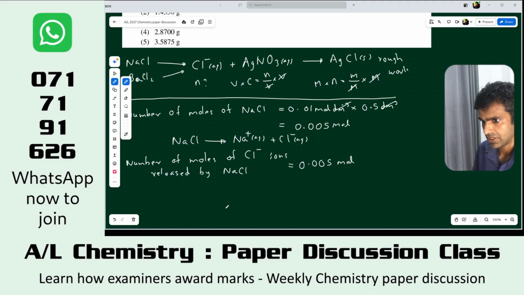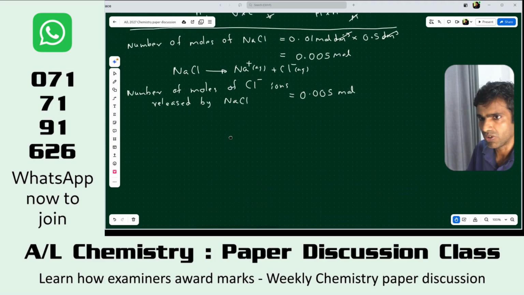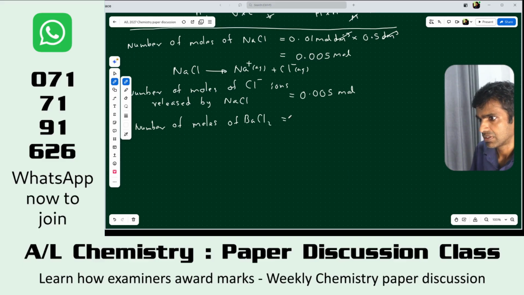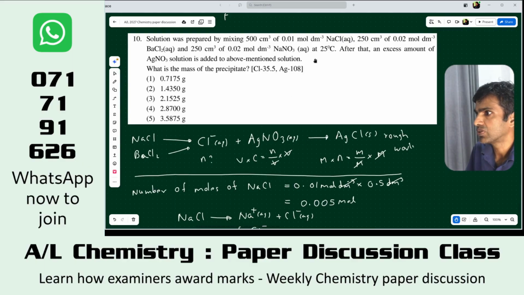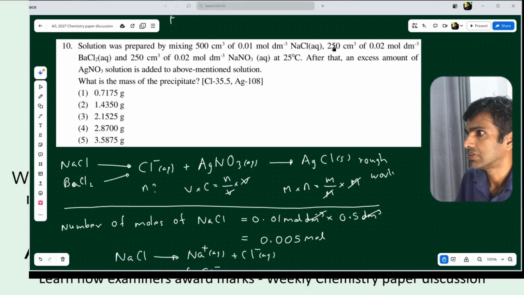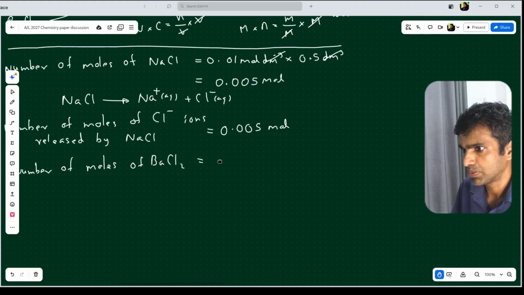Similarly, we can calculate the number of moles of barium chloride. The concentration of the barium chloride solution is 0.02 moles per cubic decimeter.